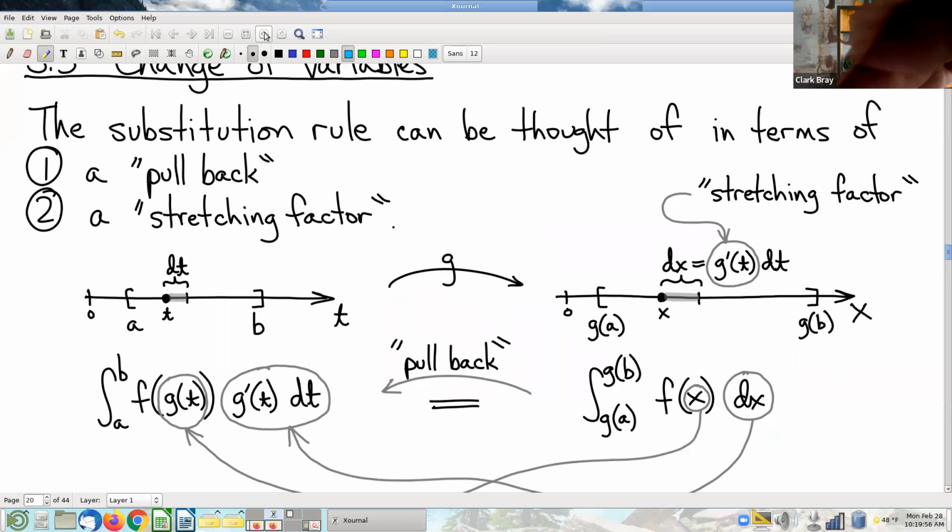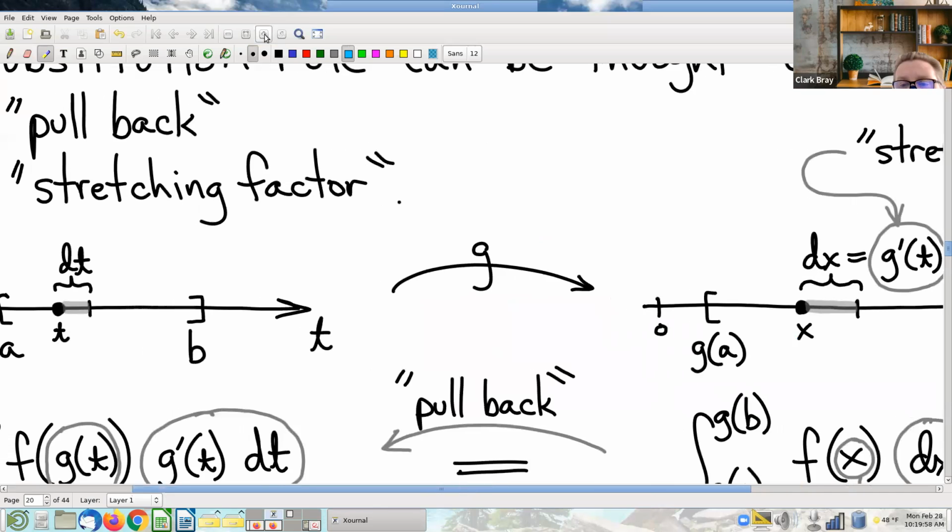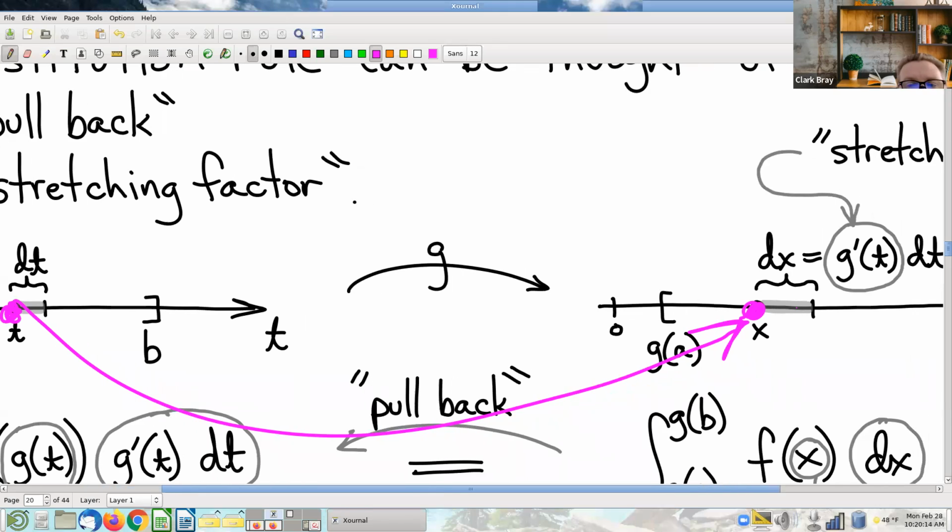A point goes to another point. But I also know what functions do to changes, right? The derivative is a relationship between input changes and output changes. And so I want to think of this interval here on the t-axis.